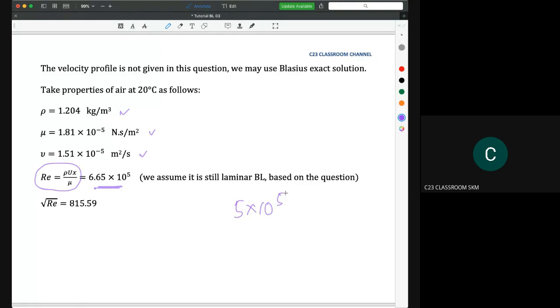So based on the question, we assume that with this Reynolds number, the boundary layer is still laminar. Then the square root of the Reynolds number is equal to 815.59. We could use this again and again in our calculation, so this is the properties that we could prepare before we start our calculation.